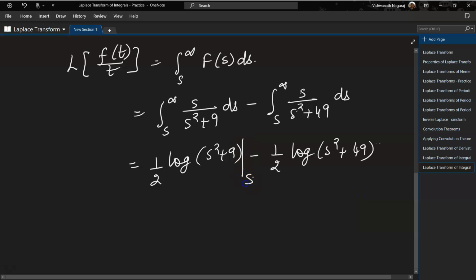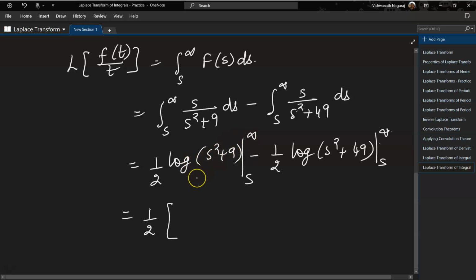This would be from s to infinity, which is equal to, let's take 1 by 2 common out. When we substitute infinity, this will become 0.